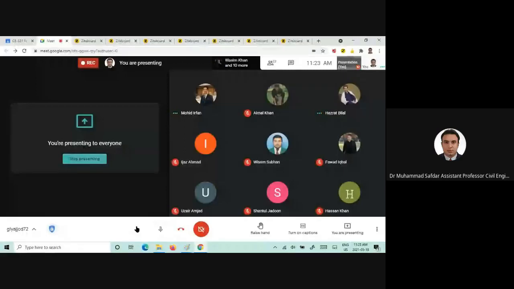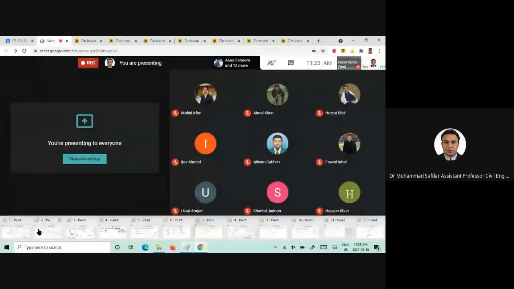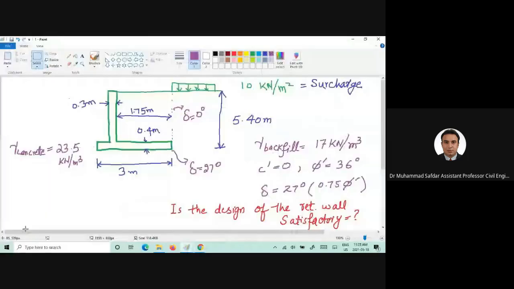Okay, so I need your help here in solving this problem. Here is an example. We are given a retaining wall.